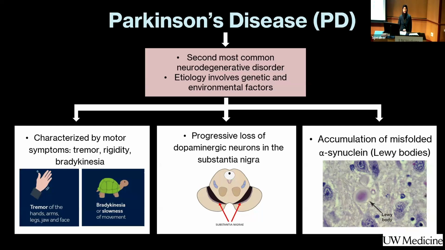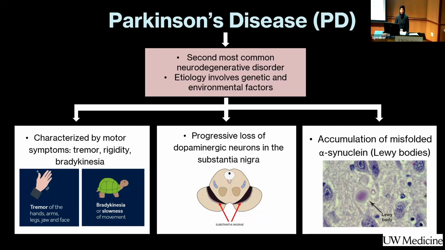These symptoms occur due to the loss of dopamine neurons in the substantia nigra, a part of the brain. It's also affected by the accumulation of misfolded alpha-synuclein, also known as Lewy bodies, which is a hallmark of Parkinson's disease.